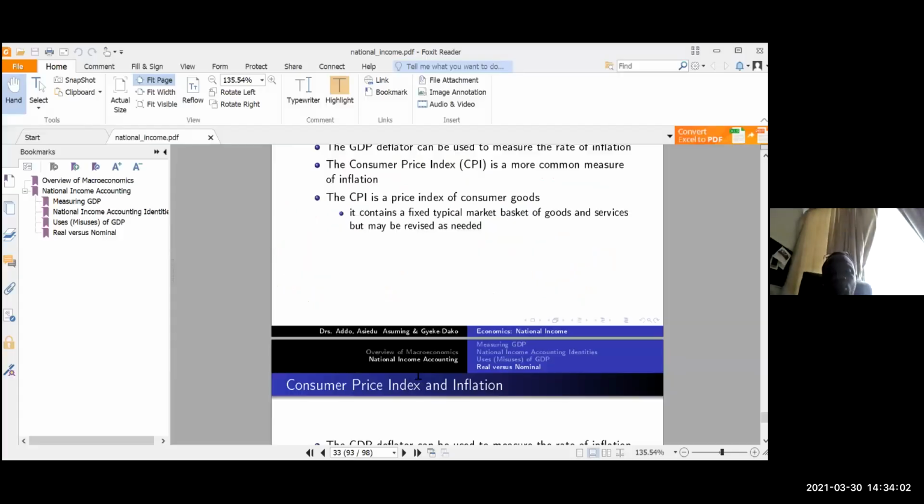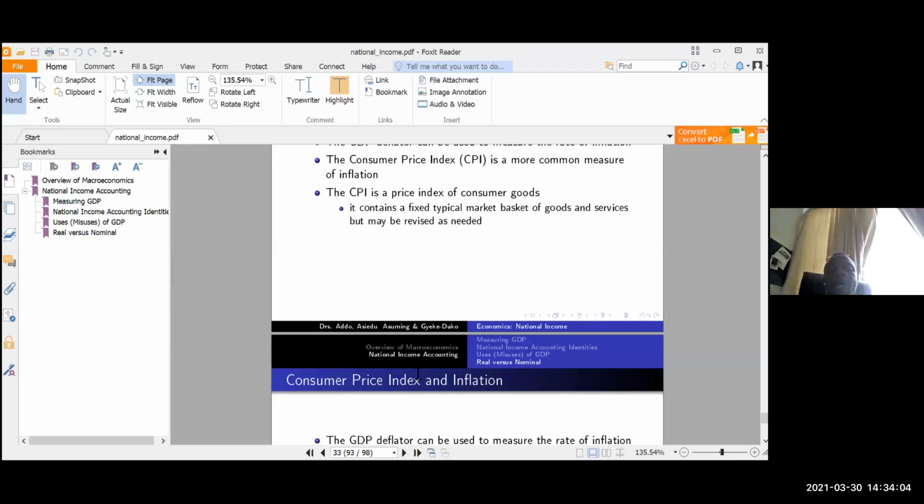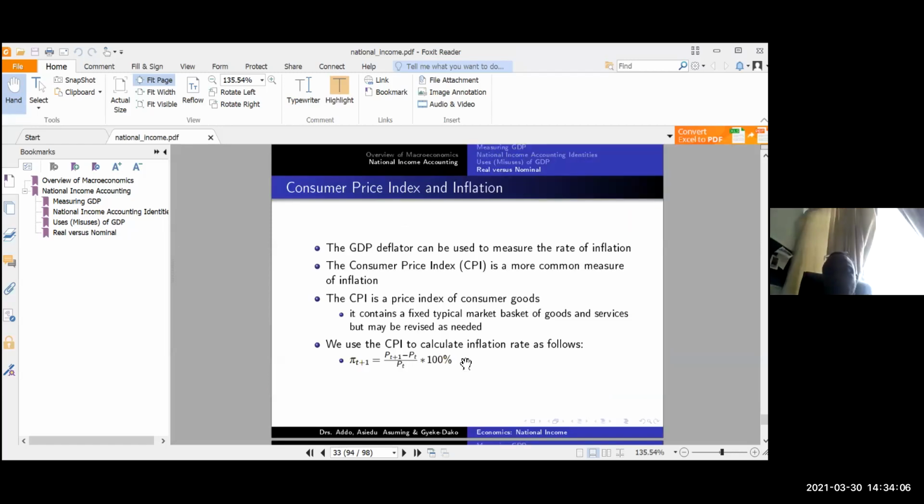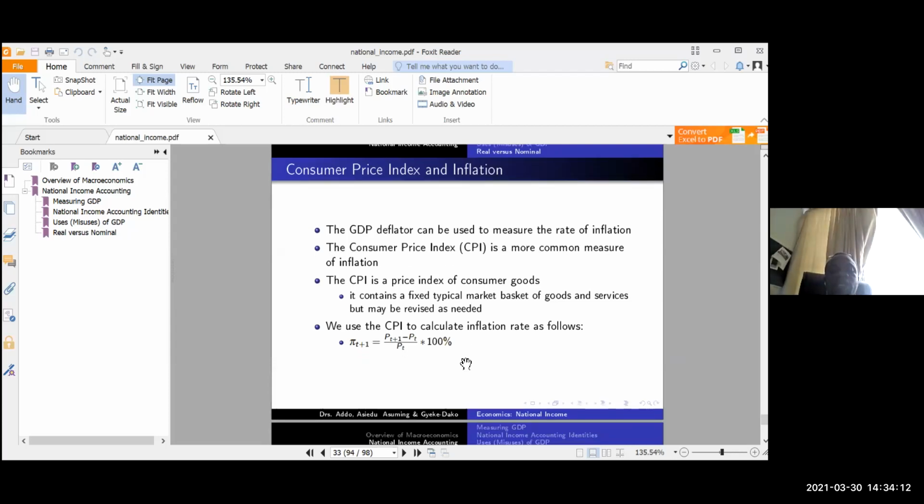Okay, so we use the CPI to calculate inflation as follows. Inflation is denoted by pi. If I say pi t plus 1, t is the current period, and plus 1 is one year extra, so the future.